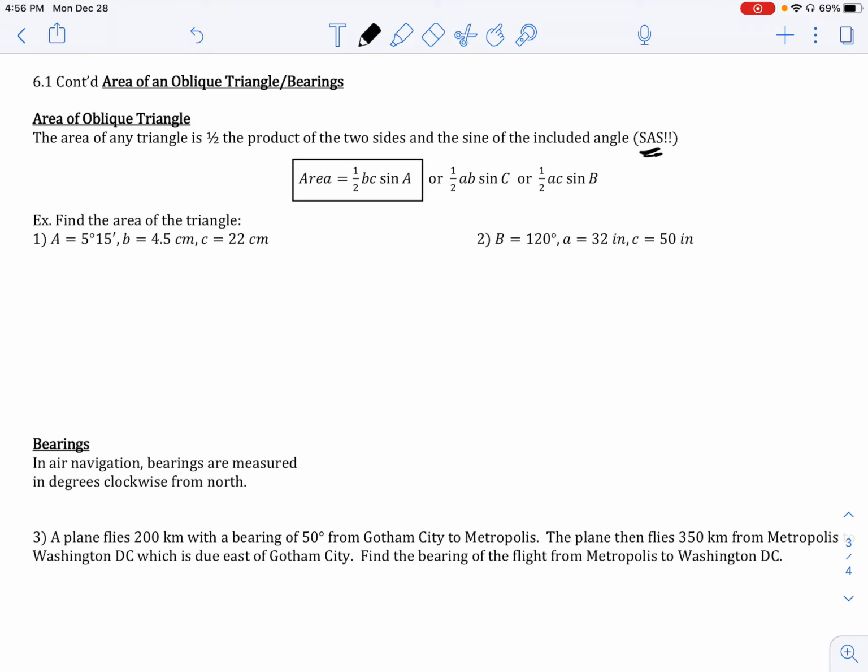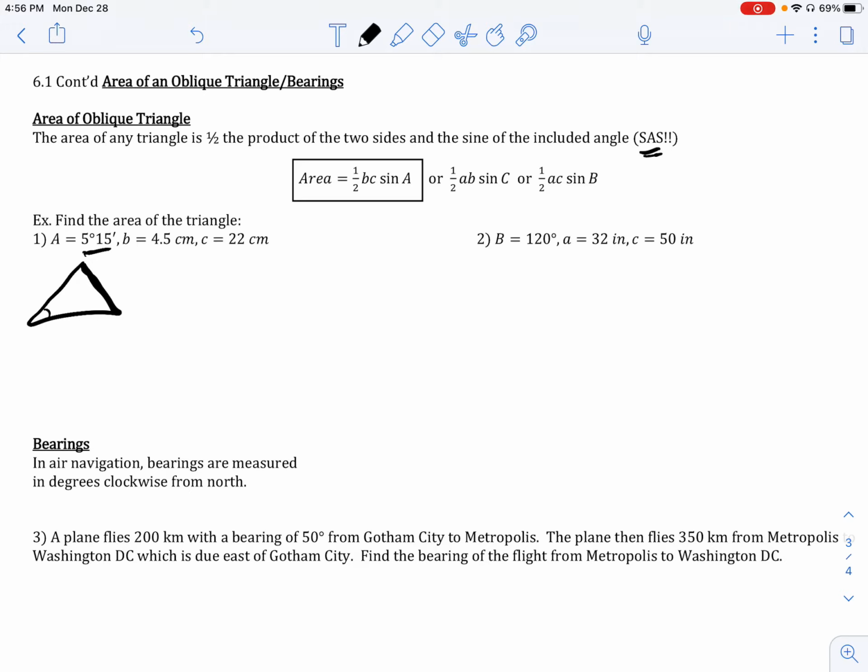So here's a really quick and basic example of this. If you were given the triangle, and again, I'm just going to draw this arbitrary triangle here, not saying that this is actually how it looks, but this angle here being 5 degrees 15 minutes. If you remember early on when we discussed angle measurement, you can use your calculator and change this from your classic mode to DMS, or degrees, minutes, seconds mode.